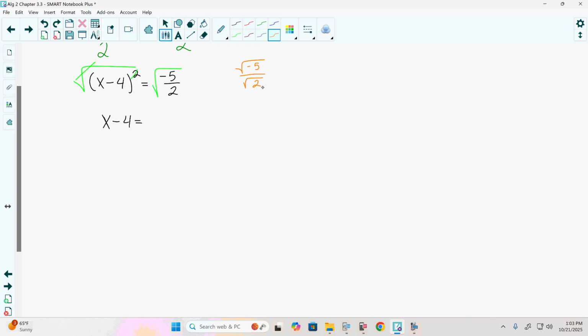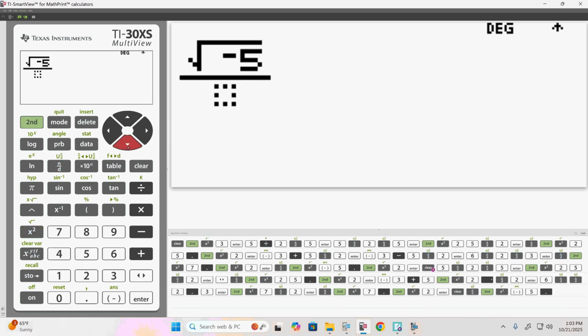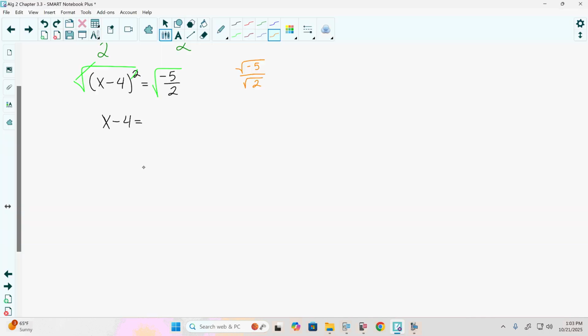If we want to do this in a calculator, we can break it apart into the square root of -5 over the square root of 2, telling us that it is a domain error. The reason it's saying domain error is that we cannot take the square root of a negative number.